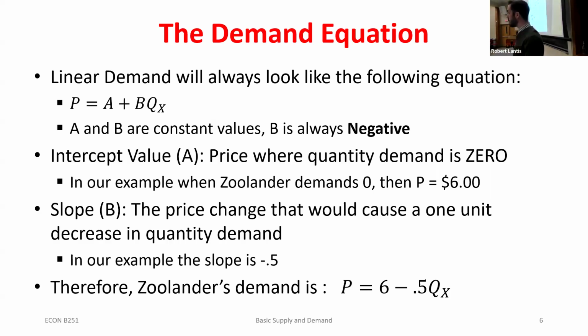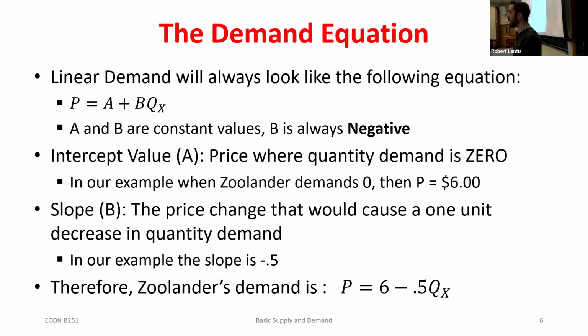So let's say I wanted to know, what would the price have to be for that 4th unit to be consumed? All I would do is plug the unit I'm interested in into my demand equation, right? So 4 times 1/2 is 2. 6 minus 2, we would have a price of $4. That's the first price where someone would be willing to buy the 4th unit.